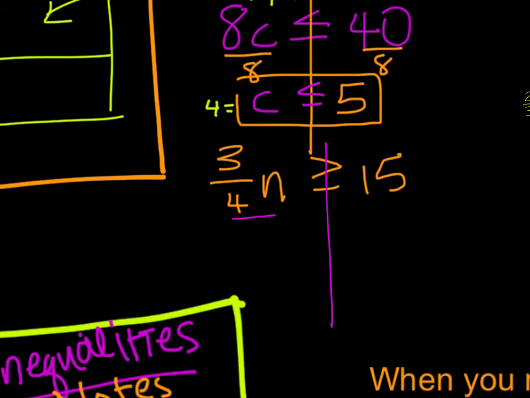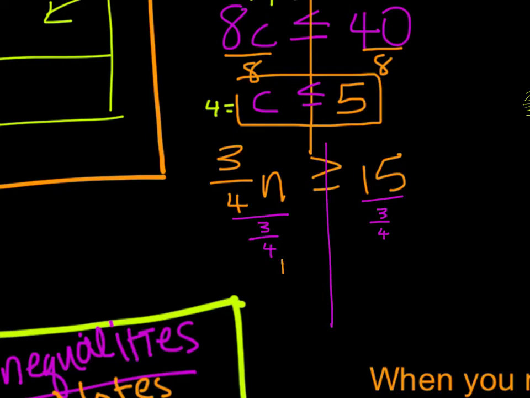We could divide by 3/4, or we could do the quick and easy step of multiplying by 4/3, the reciprocal, multiplying by its opposite. Either one works. Let's start out by dividing by 3/4 and seeing why we could have multiplied by the reciprocal.